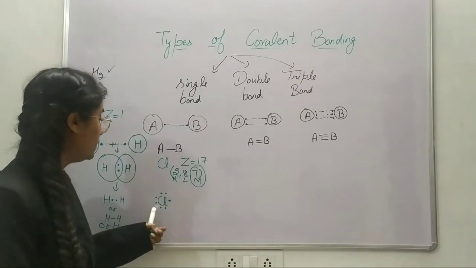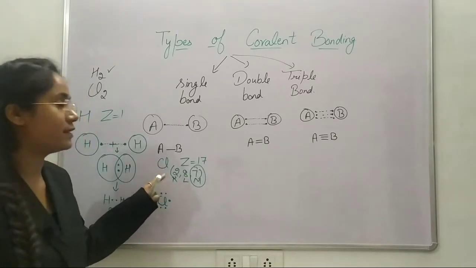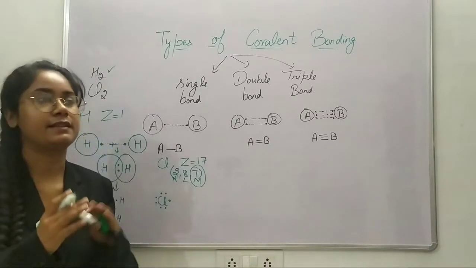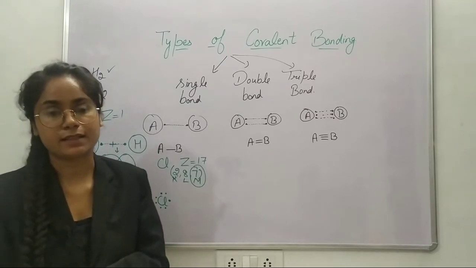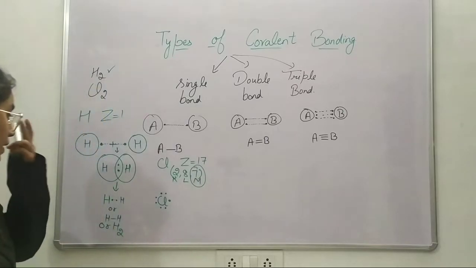So it is 7 electrons. Now chlorine also wants to complete its octet, or complete its outermost shell, to attain the noble gas configuration or to attain stability.